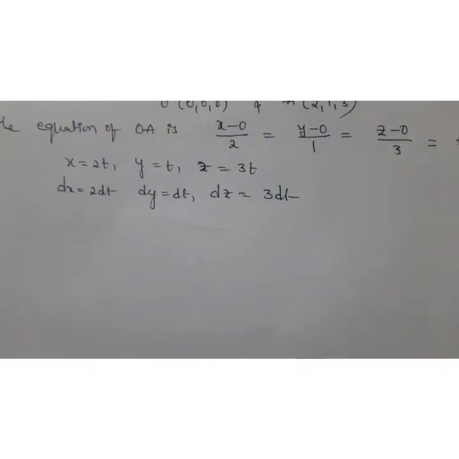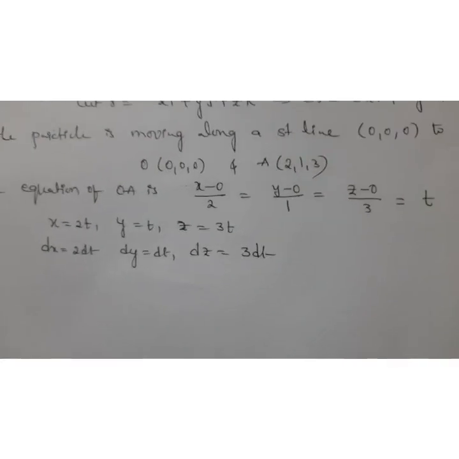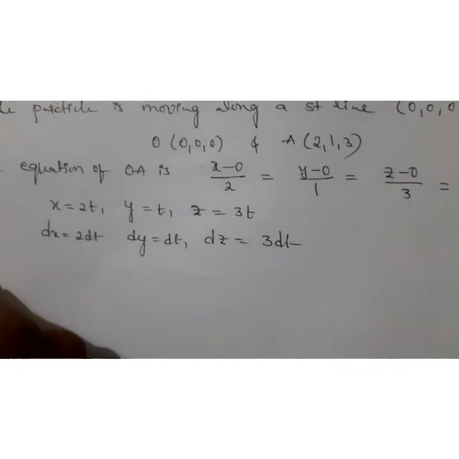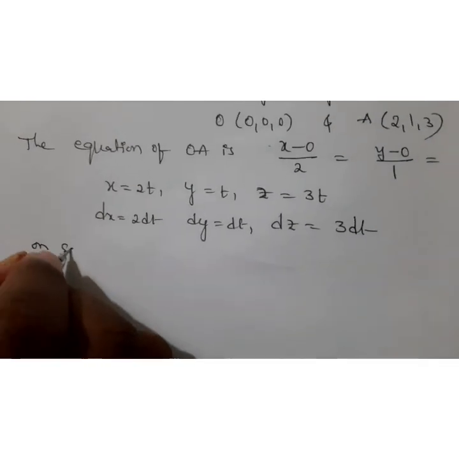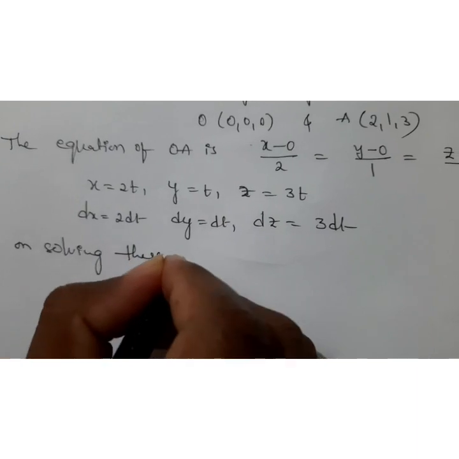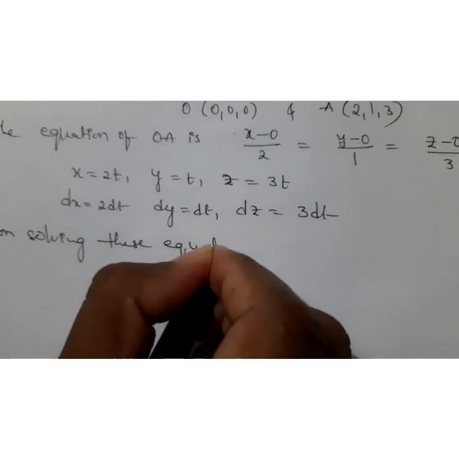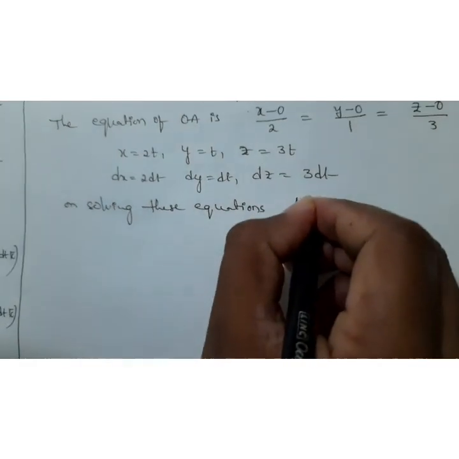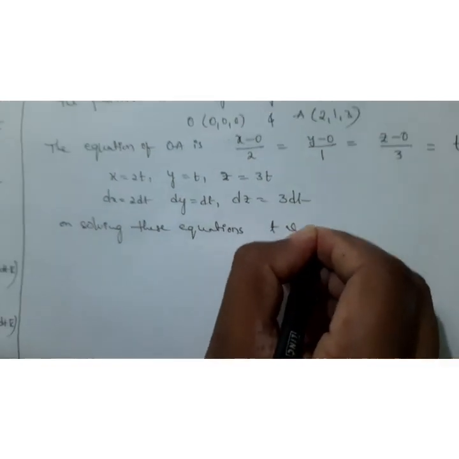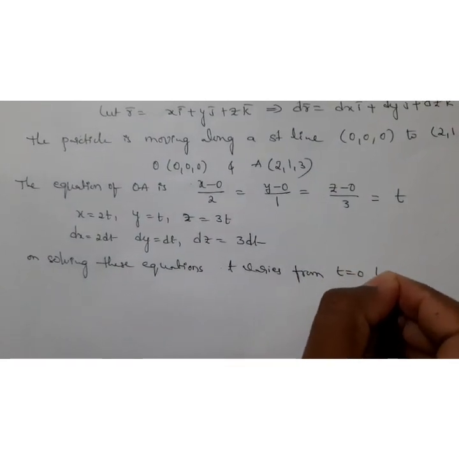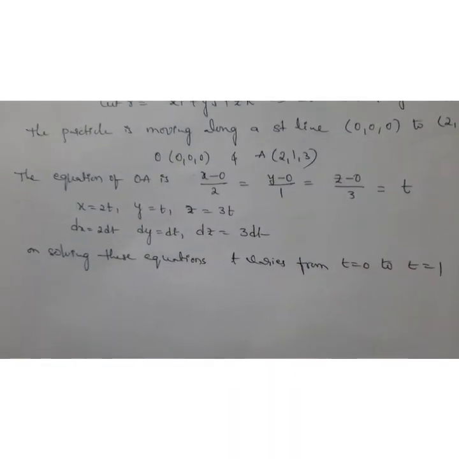Next, on solving these equations, t varies from t is equal to 0 to t is equal to 1.